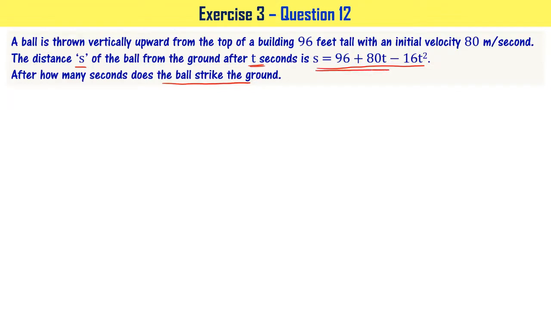Look at this equation. S equal to 96 plus 80t minus 16t square is telling you the distance s of the ball from the ground after t seconds. Let's say that the distance from the ground to the ball is s meters.